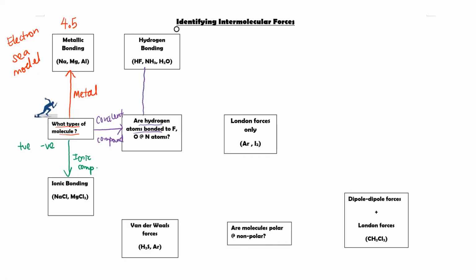If yes, there is hydrogen bonding. If no, we go to this side, van der Waals forces. Under van der Waals forces, you have to identify whether there are only London forces, or dipole forces and London forces at the same time.